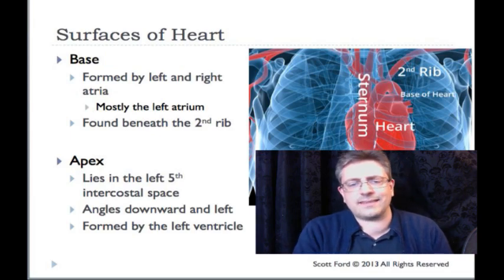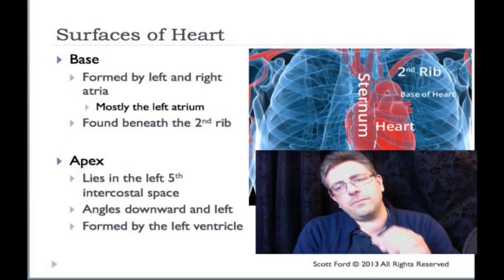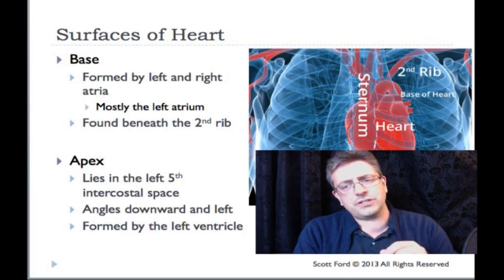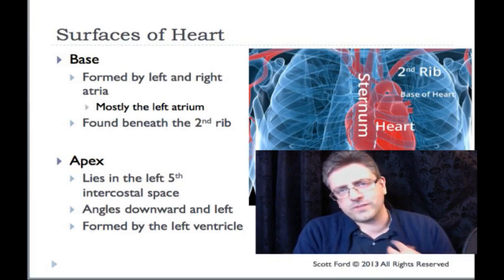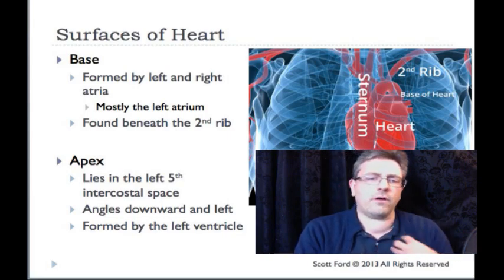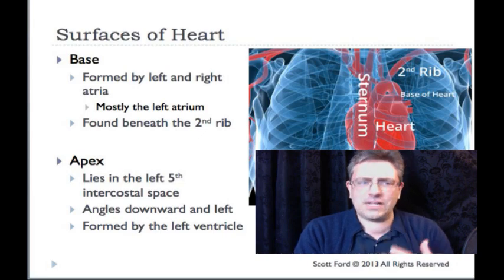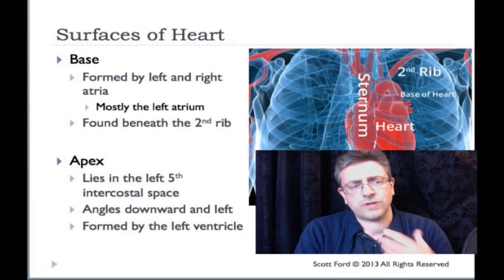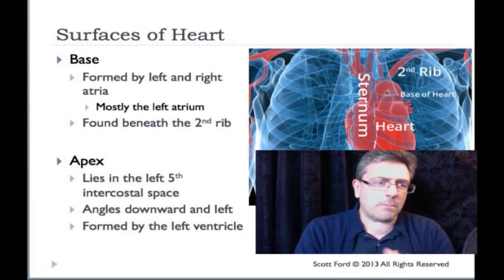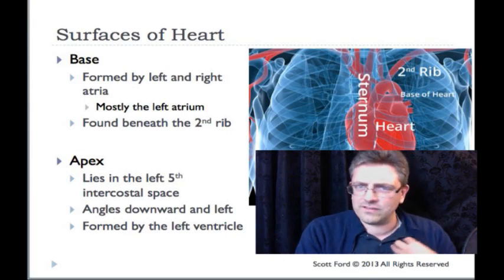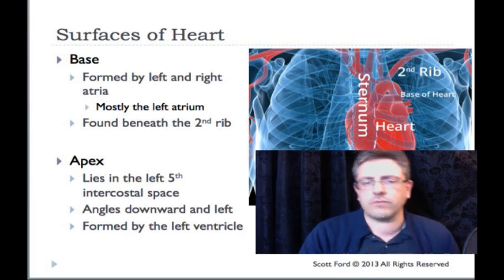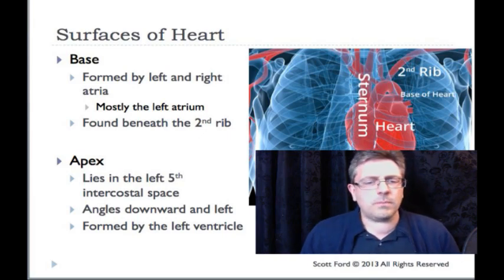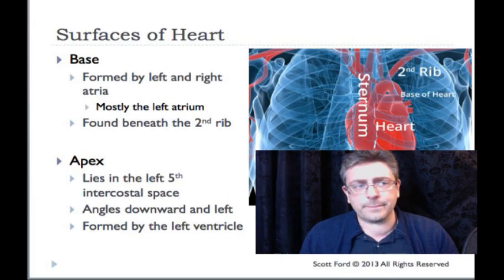So taking a look at the base, it is actually at the top of the heart. The base is superior on the heart. It's formed by the left and right atria. The atria are 2 chambers at the top of the heart, which we'll talk about in a little bit. It is found beneath the second rib.